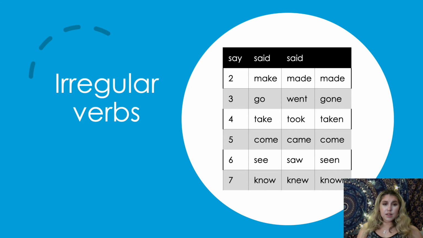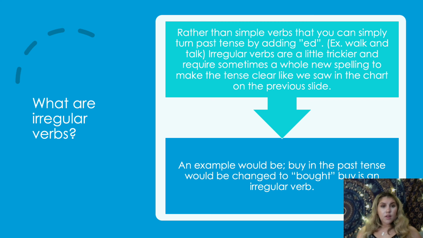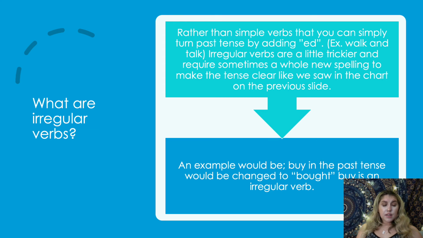So the first column is present tense and then past tense. And again, this is a synonym for past tense in the third column. And then just explaining them a little bit more.